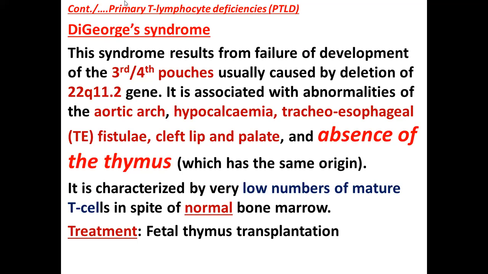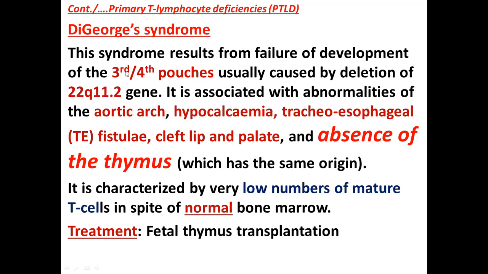This syndrome results from failure in development of the third and fourth pharyngeal pouches, from where the thymus arises together with other organs. It is caused by deletion of a gene called 22q11.2.